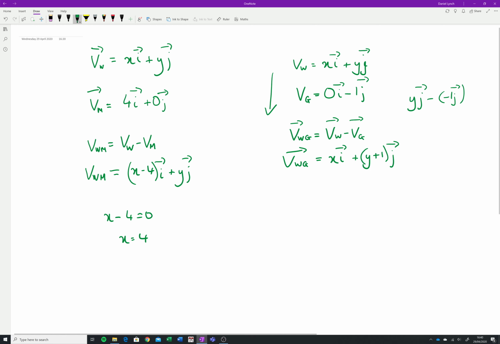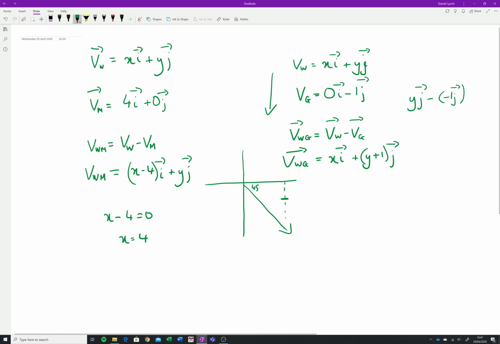What are we told about that? We're told that the wind appears to be coming from the northwest. So let's think about that. If you are coming directly from the northwest, we'll say that that's 45 degrees.